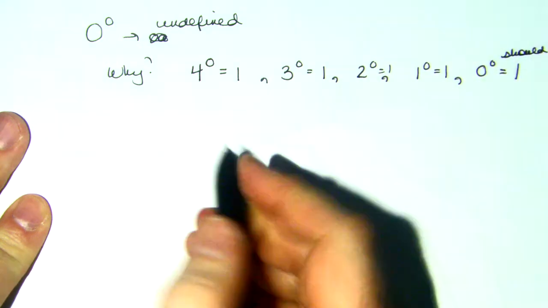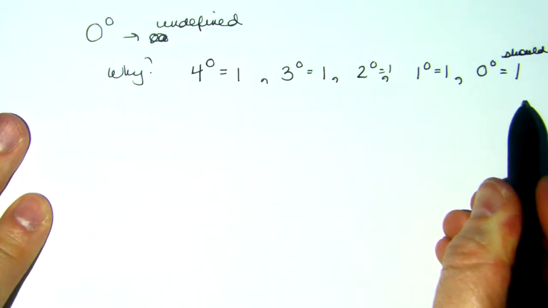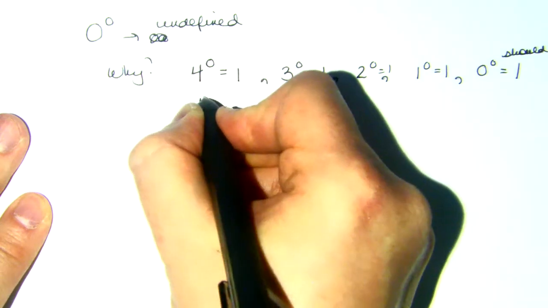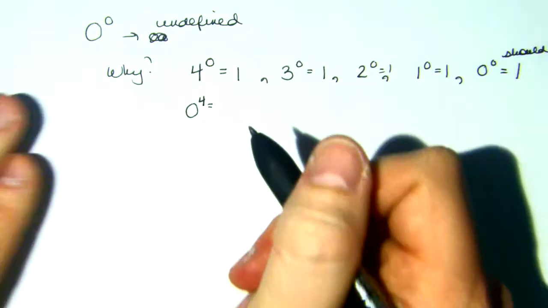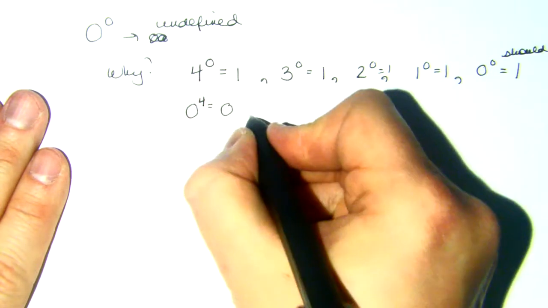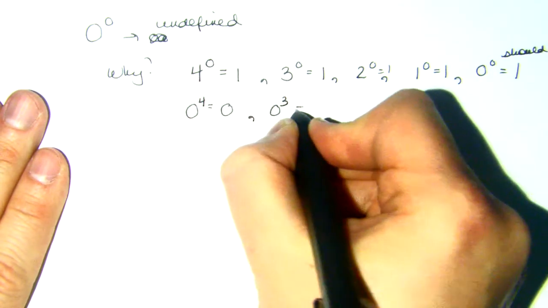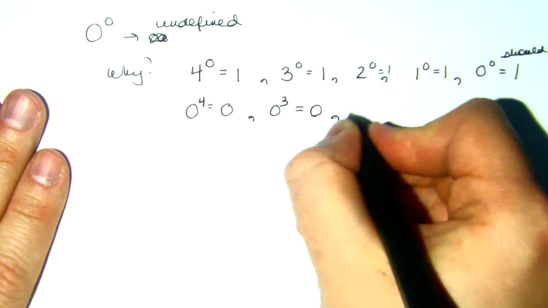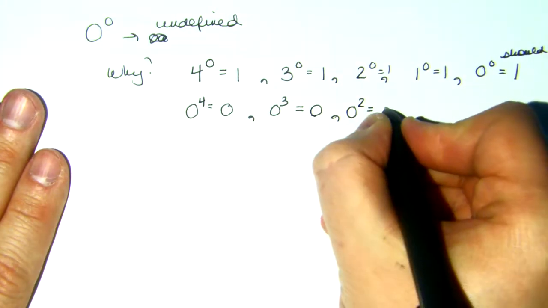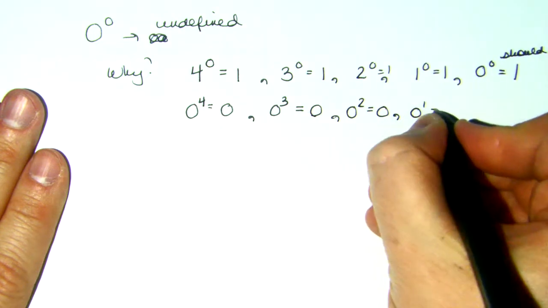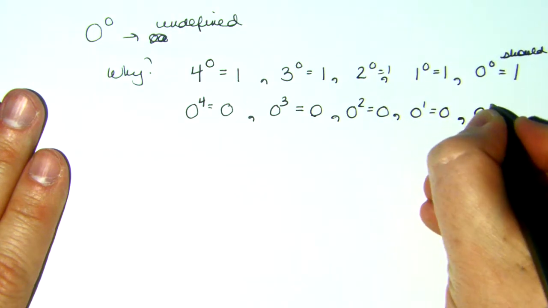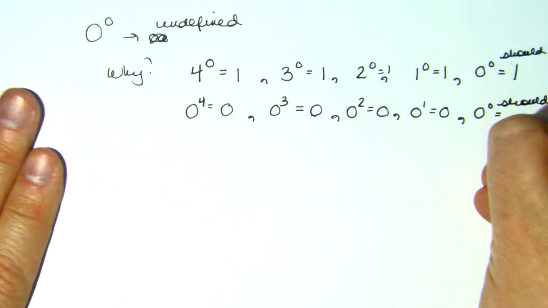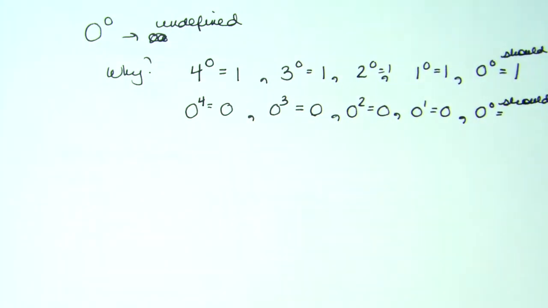Because I think this pattern makes a whole lot of sense, because anything raised to the 0 gives us 1. Well, what if we do this? What's 0 raised to the 4th? 0 times 0 times 0 times 0 is 0. 0 to the 3rd is what? 0 times 0 times 0, that's also 0. 0 squared, 0. 0 to the 1st, 0. So by this pattern, 0 raised to the 0 should be what number?